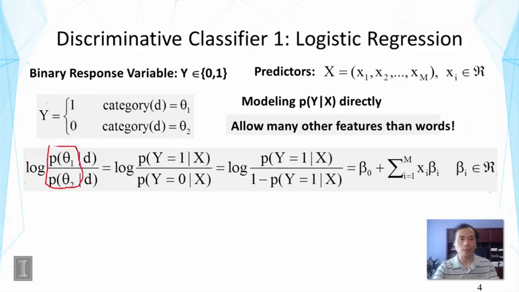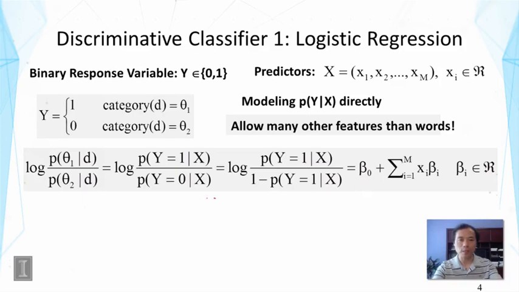In the case of naive Bayes, we computed this by using Bayes rule, and eventually we reached a formula that looks like this. But here we actually would assume explicitly that we would model our probability of y given x directly as a function of these features.